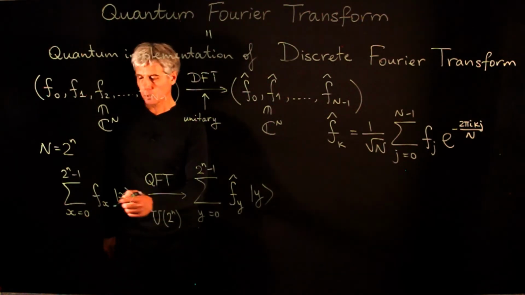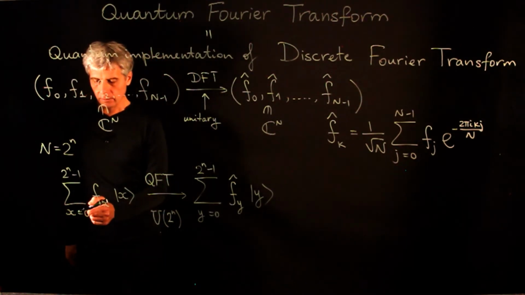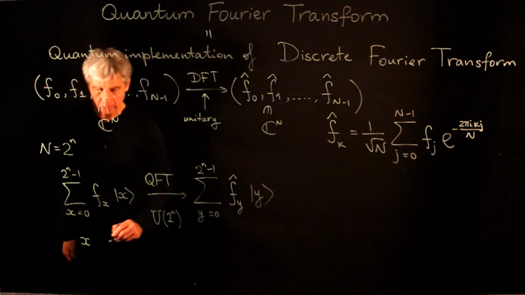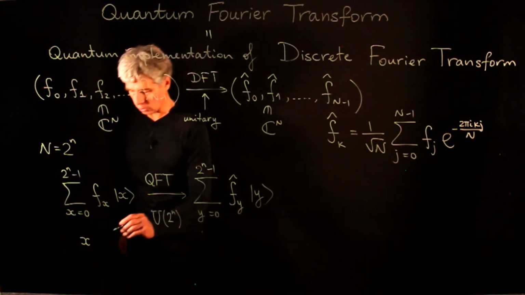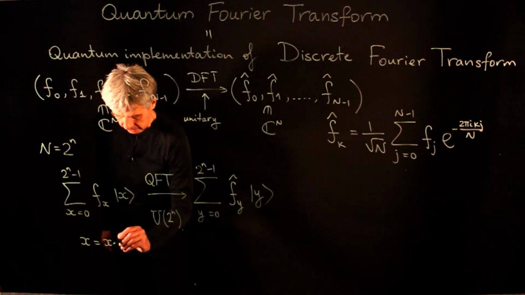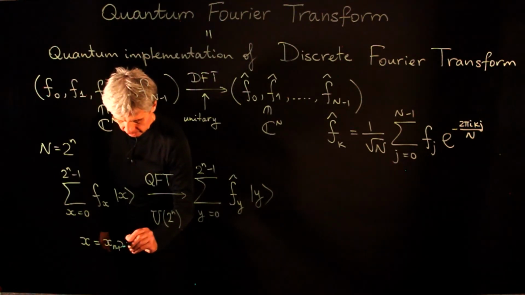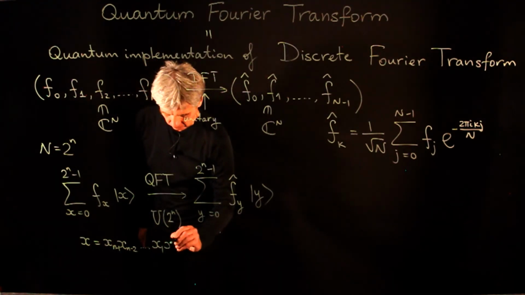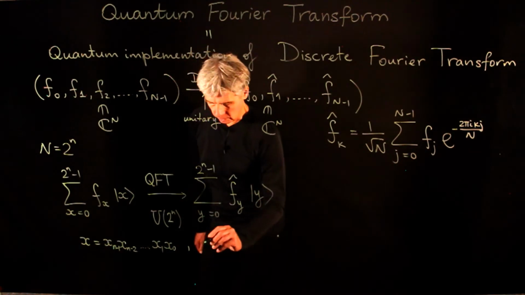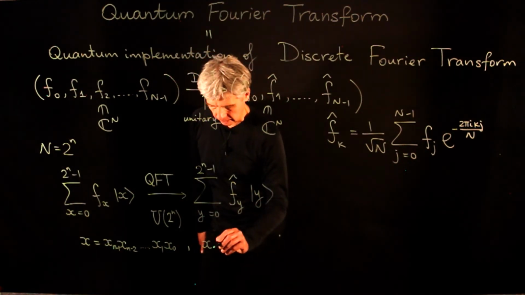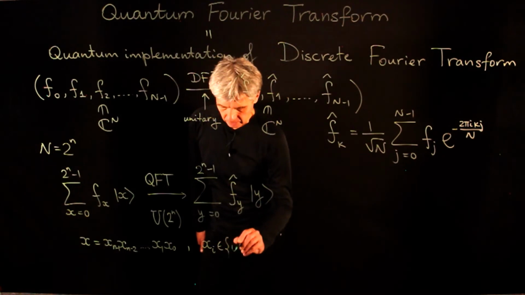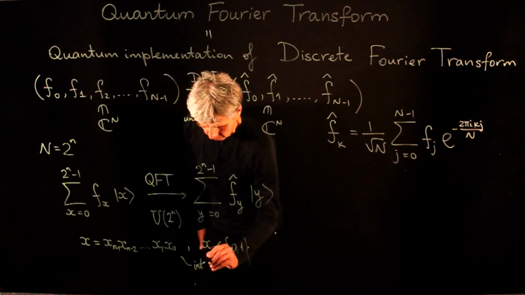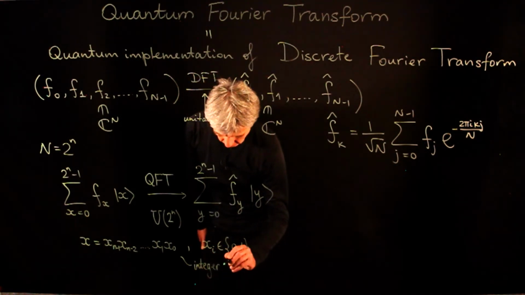So what is x? Here x is an integer from 0 to 2 to the power n minus 1. But this integer is going to be written as an n-bit binary integer. We're going to write it as xn minus 1, xn minus 2, dot, dot, dot, x1, x0, where each coefficient xi is either 0 or 1. So this is an integer in binary form.